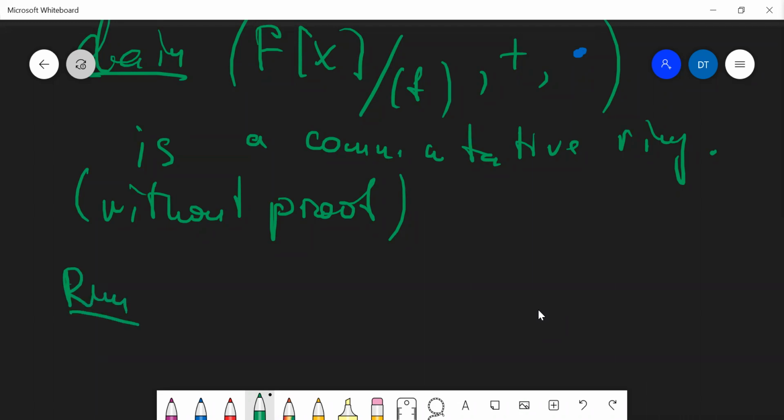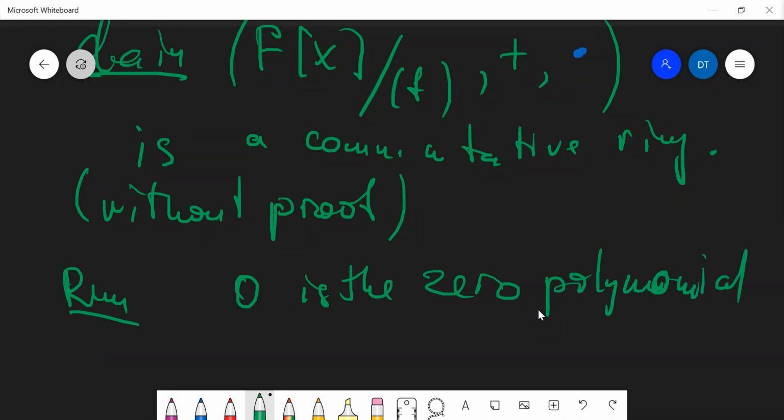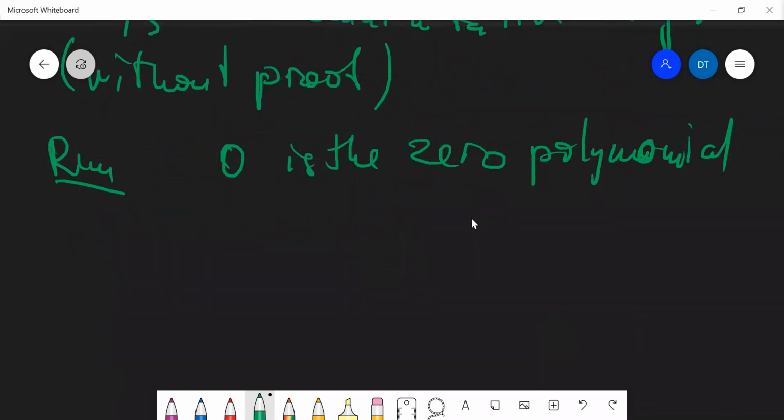The zero element is the zero polynomial, which is the polynomial with all coefficients being zero. Then what is the identity element? The identity element is the polynomial which is 1 plus 0 times x plus etc. 0 times x to the n minus 1.